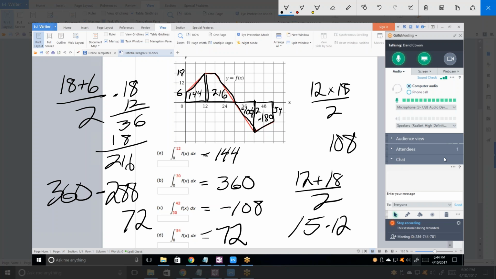And that looks about right. In other words, if I erase everything and I compare this area, which is positive, with this area, which is negative, looks to me like the positive area is bigger, and indeed that's what our calculations told us, that it was 72 units bigger.